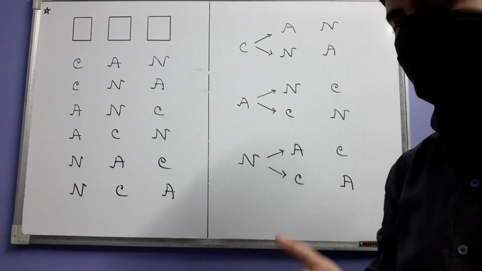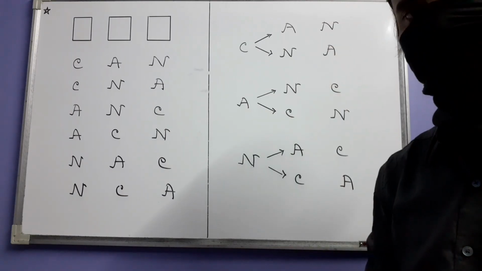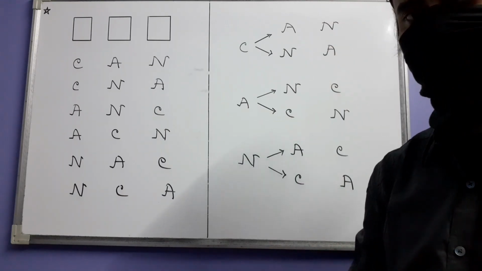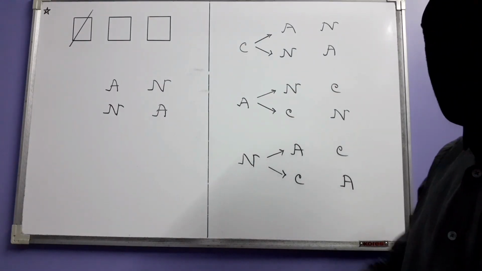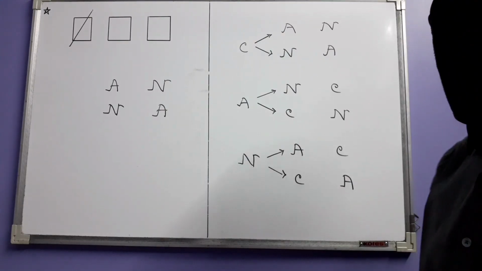And corresponding to each such way, there are 2 ways of filling the second and third box. So that way we are getting 3 times 2, that is equal to 6. That 2 of course is the number of ways of filling the second and third box. But exactly how? Let's see.